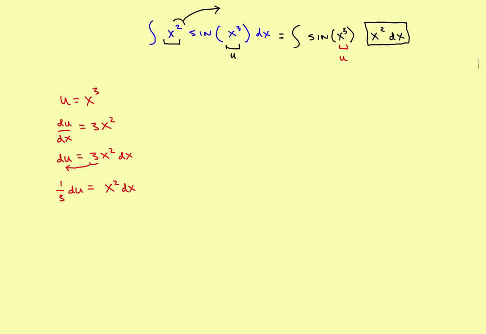Now at this point, I needed an x squared dx, and I've got an x squared dx. So you just play around with it until you manipulate it to the same thing. Now that will be equal to 1/3 du. And again, I'll stick a little box around this just to isolate it from the rest of the problem. So this was my U-substitution right here.